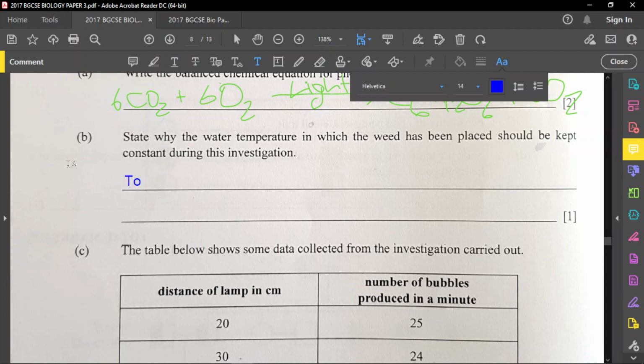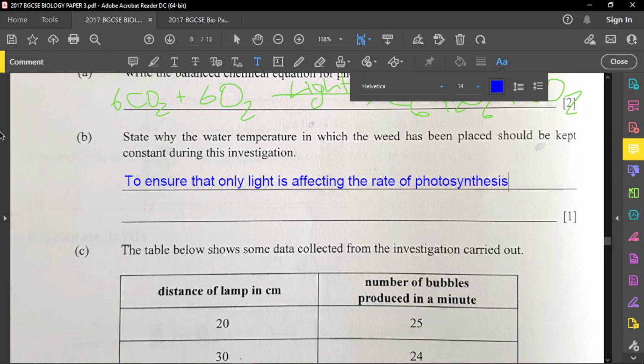So to ensure that only light is affecting the rate of photosynthesis.